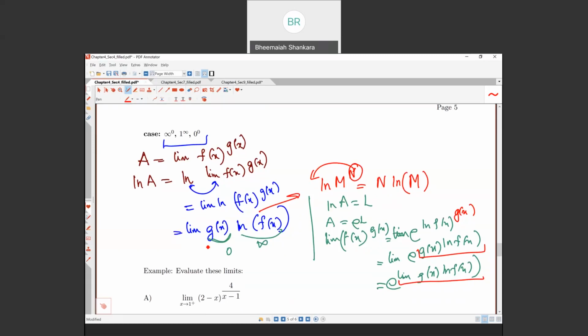Having done all this, now you can come back to this step and write limit ln of a equal to some new constant, say L, and then you can rewrite as a equal to e to the L.